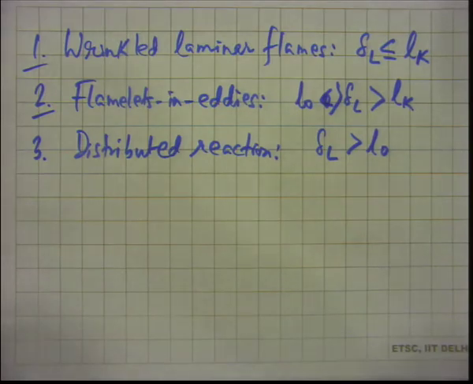Quite obvious. Delta L can be so small that it is smaller than even the Kolmogorov length scale. If it is like that, then we call it a wrinkled laminar flame.